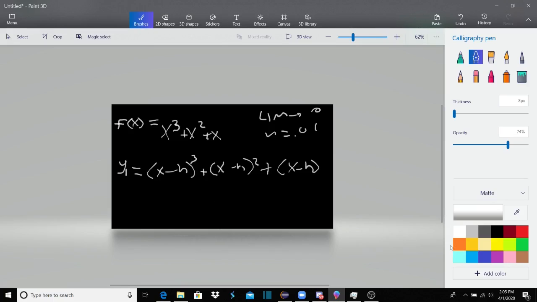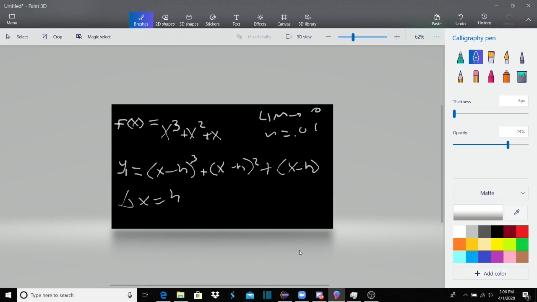That's going to be our y1. And guess what? Our delta x is the same as h. Okay, so there we go. So we've got our y1, we've got our y2, and now I'm going to plug it in the calculator, and then I'll show you how to use the power rule to get the actual derivative of this function.